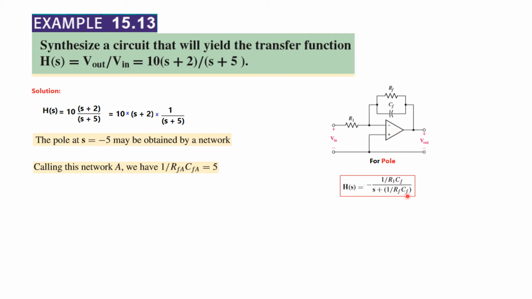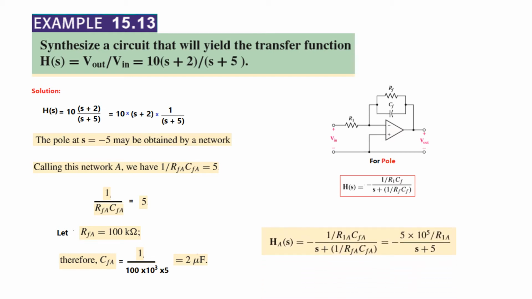We are writing A to distinguish the pole circuit. Now we can assume RFA to be 100 kilo. Generally in op-amp circuits, the resistances are taken between 10 kilo and 1 mega. Here we have taken 100 kilo. Putting in this value of 100 kilo and calculating, we can find the capacitor to be 2 microfarad.